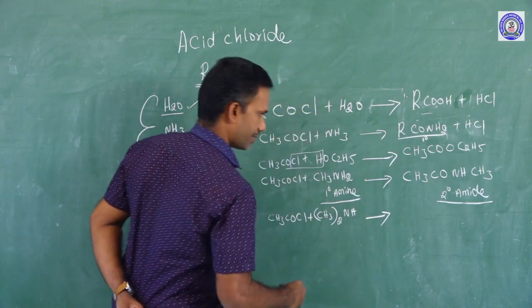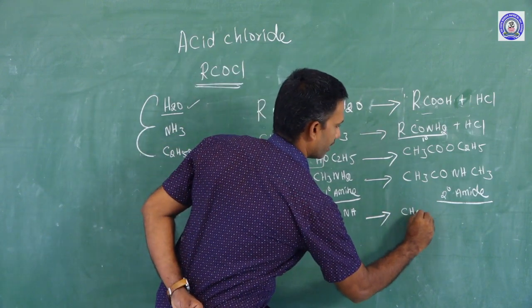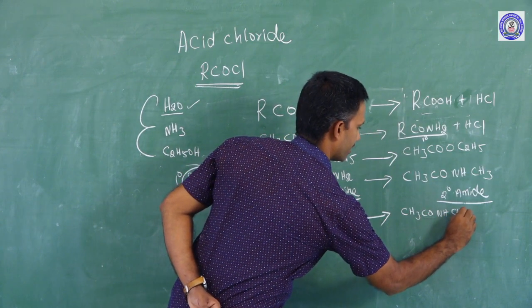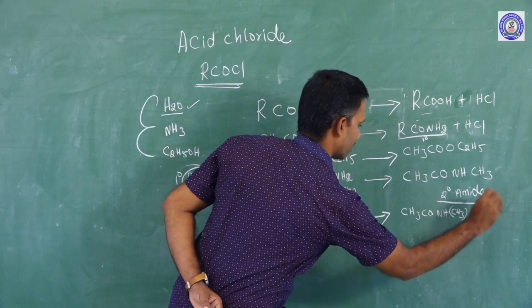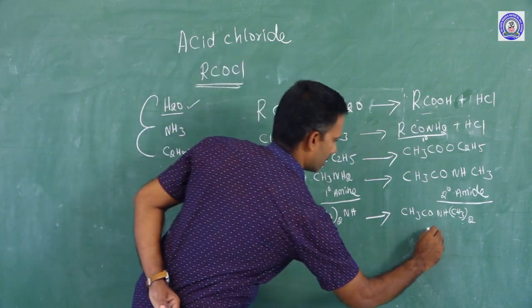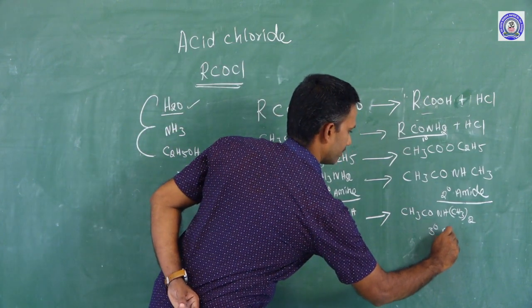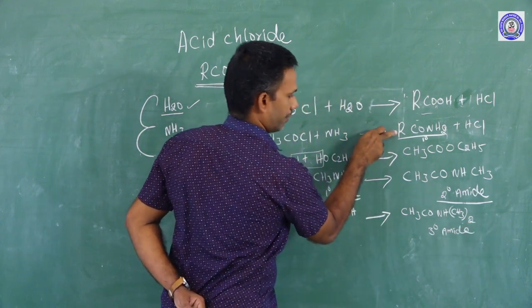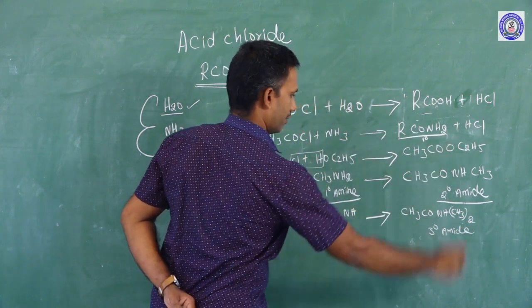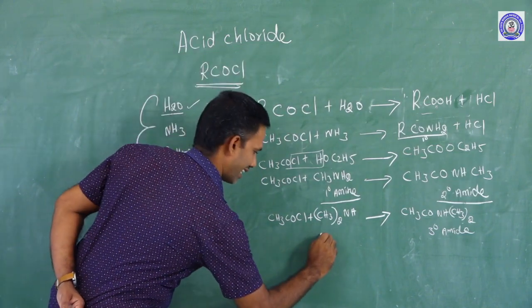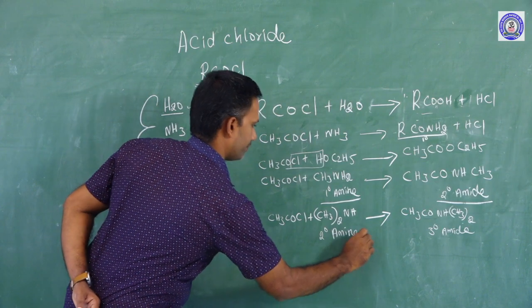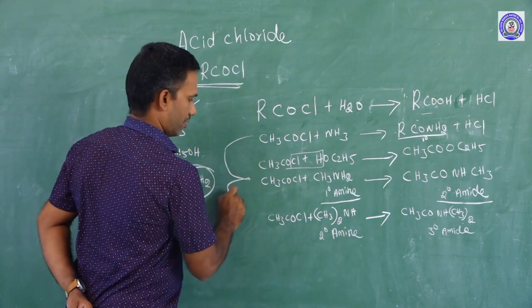The product is CH3CON(CH3)2, with two methyl groups. This is a tertiary amide. Primary amide, secondary amide, tertiary amide. This is a secondary amine. So these are somewhat related.